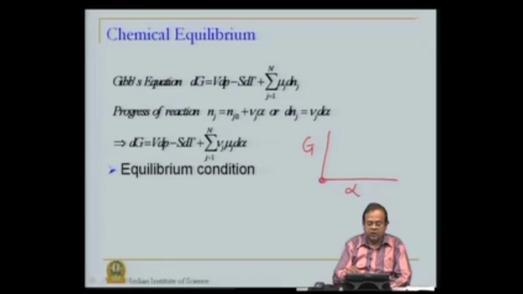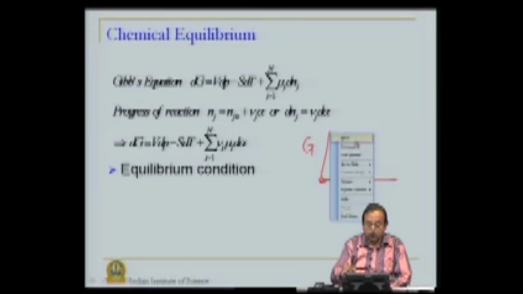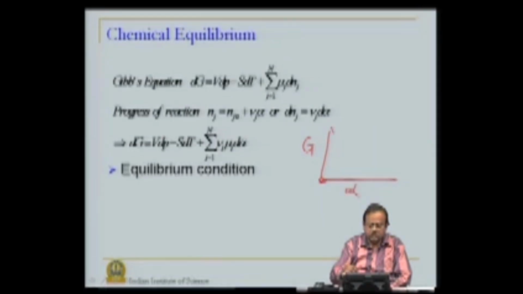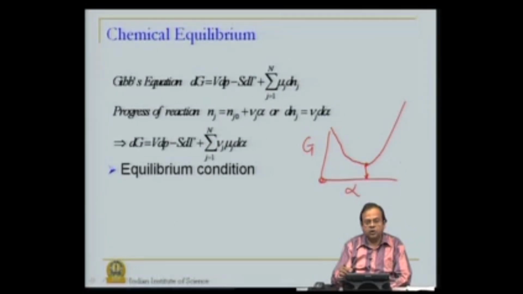This is my starting point, with some free energy. As the reaction proceeds, the free energy changes and reaches a minimum value, and this is the point at which my reaction will stop, because that is a minimum value. On the other side, I expect that the free energy will increase.